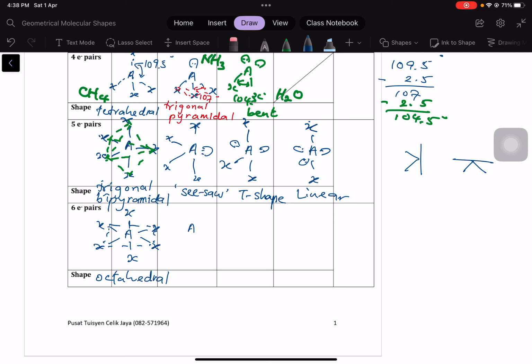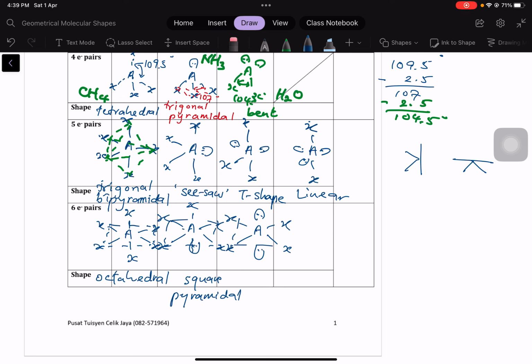And if we replace one bond with one lone pair, you can see we now have 1, 2, 3, 4, and one lone pair at the bottom. So this is called square pyramidal. This is the last one. I'm going to replace another bond with a lone pair. So you can see now we have 4 electron pairs, and it's in one plane, so it's called square planar.